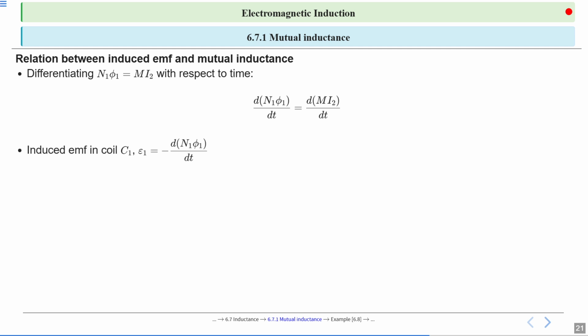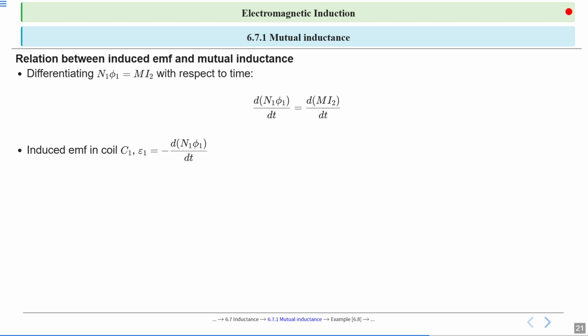So the induced EMF in the C1 coil will be epsilon 1. We know that according to Faraday-Lenz's law, induced EMF will be equal to the rate of change of flux through the coil. Now there are two coils. Current is flowing through the second coil and EMF is induced in the first coil.